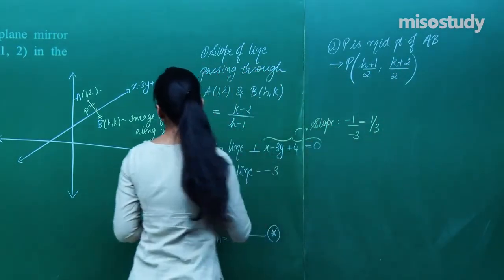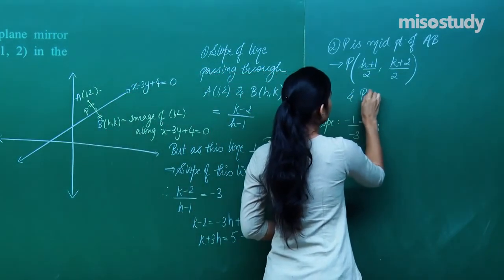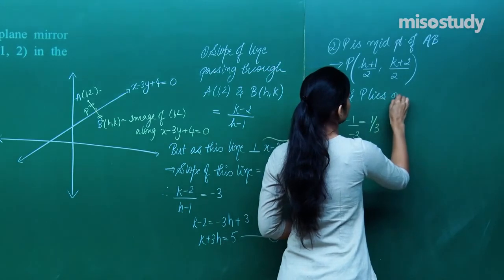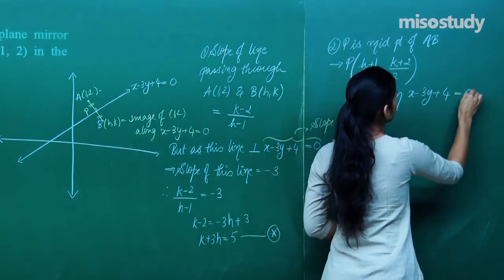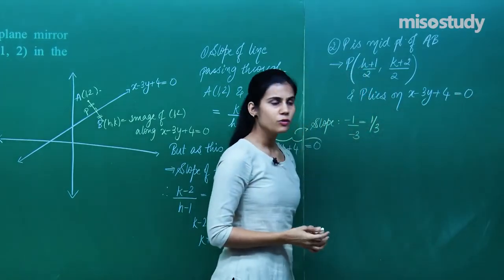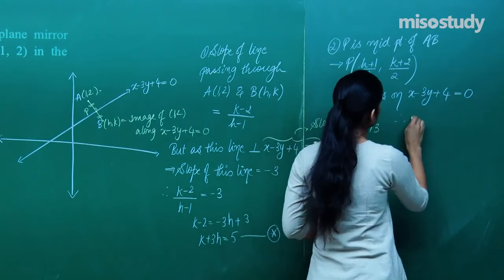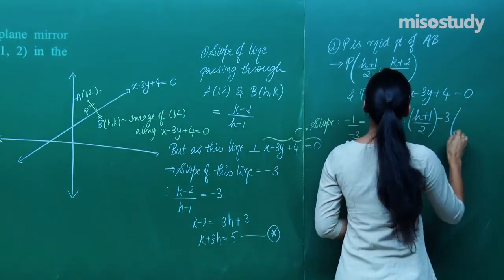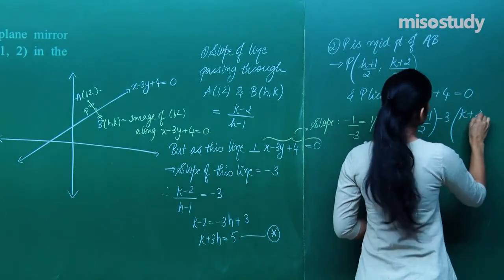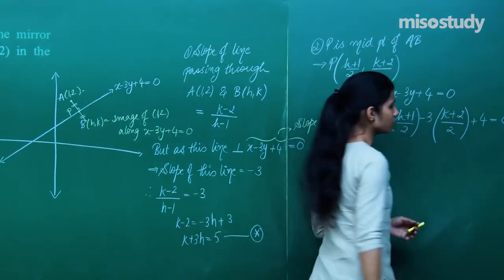Now point P is lying on the line x minus 3y plus 4 equals 0. So coordinates of P satisfy the equation of this line. So I have, in place of x, I will put h plus 1 whole upon 2 minus 3 times k plus 2 whole upon 2 plus 4 equals 0.